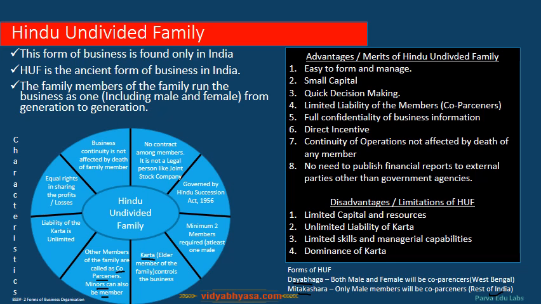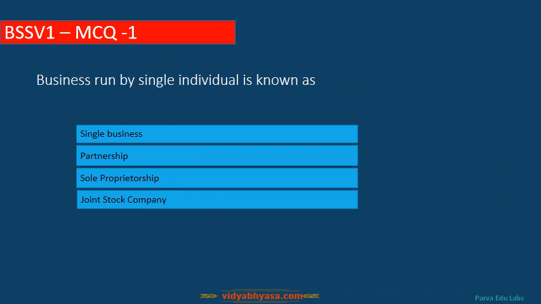As per the Dayabaga school, both male and female will be co-partners, and as per the Mitakshara school, only male members will be co-partners. So that's all about Hindu undivided family. Let's look into a few multiple choice questions and then we will close the session.